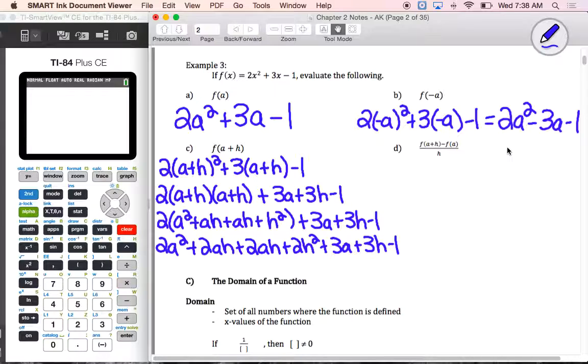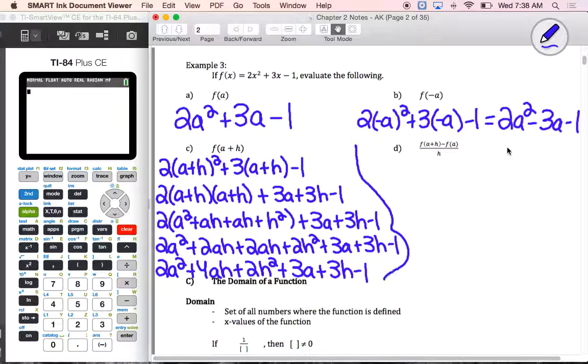And then you want to combine all your like terms. So that is my answer for part C, that last line there.